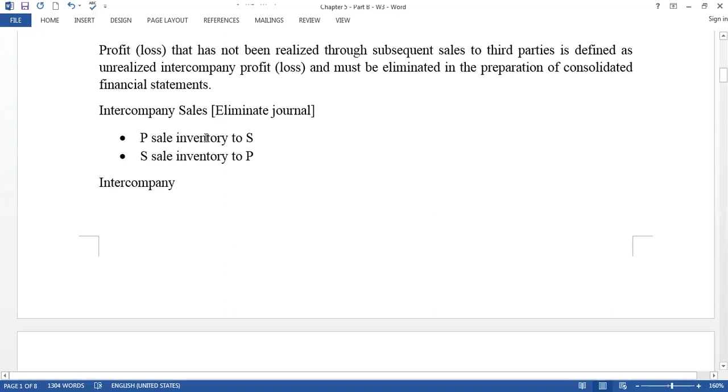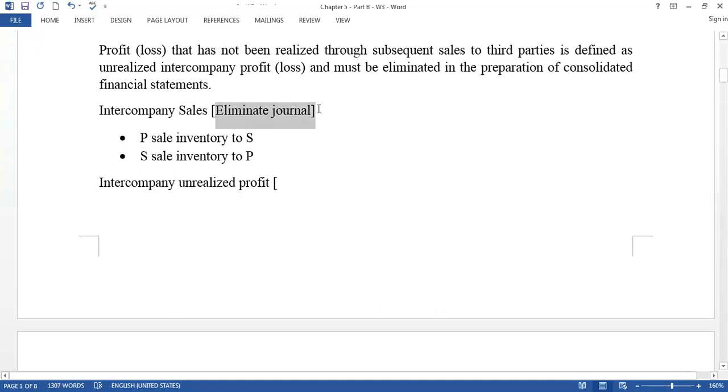Whenever you are selling your inventory, you may have intercompany unrealized profit, because you sell inventory to a subsidiary or a subsidiary sells inventory to the parent, so there may be some unrealized profit. If we have any unrealized profit, again we have to eliminate it.